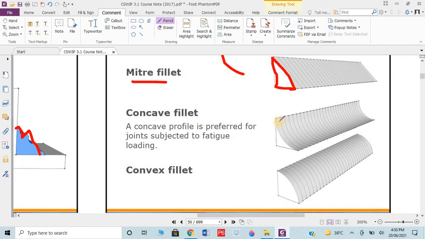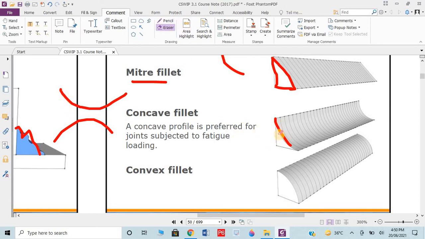If we have a concave type, concave and convex means, you see the concave mirror like this, the curvature is on the bottom side, convex the opposite side, right? Remember this, don't get confused with concave and convex. You can see here, if the body is concave and smoothly blended at both ends of the toe, then it's called a concave fillet.